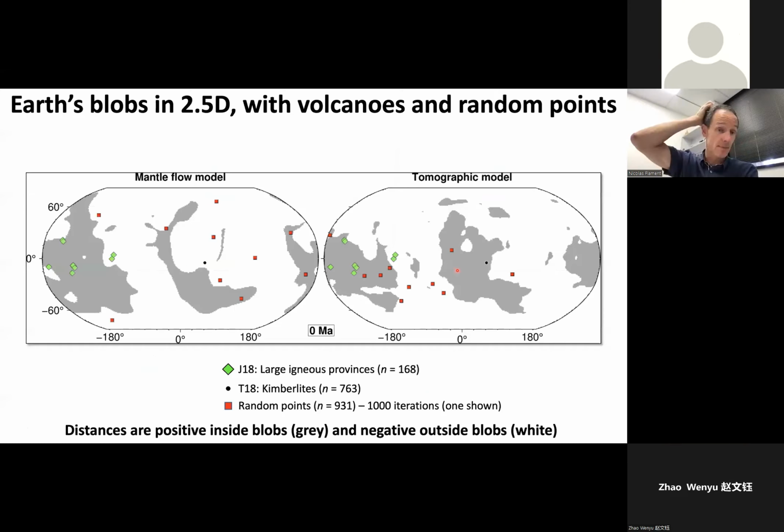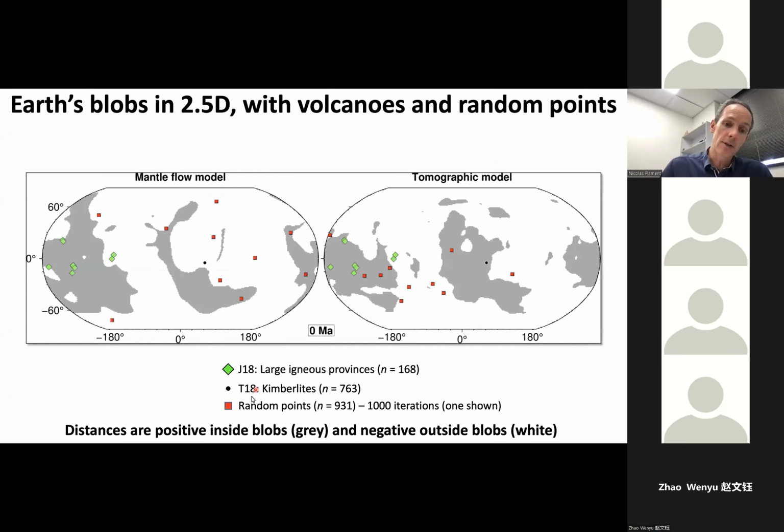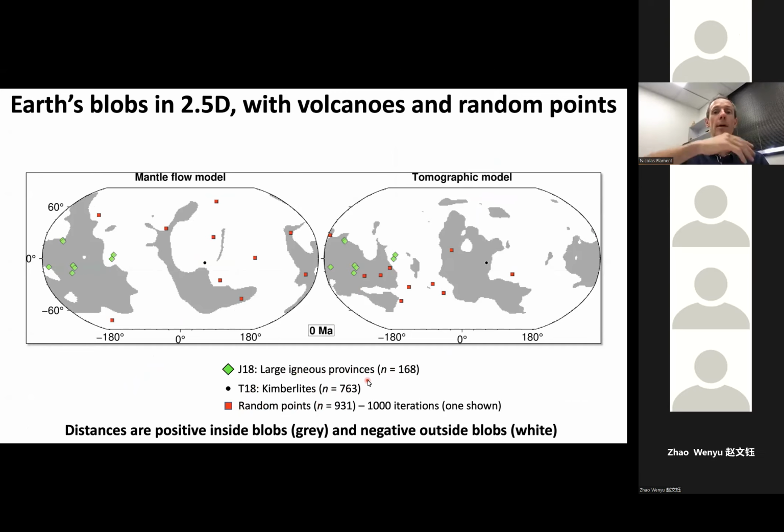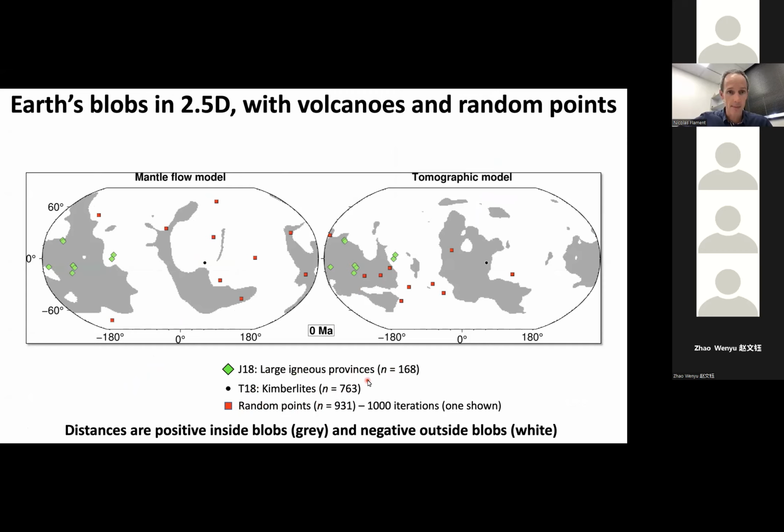Now, to do that, I considered a set of random points, 931 points, which is the same as the two databases combined. And I enforced that the distribution of the random points was the same as the combined databases. So in time, they have the same distribution. In space, the points can fall anywhere onto the Earth's surface.